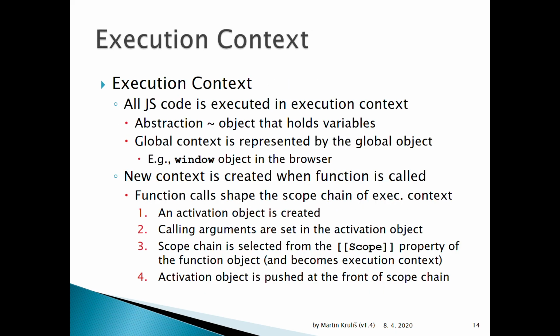So here I would like to dig a little deeper into the details of where the variables actually live. JavaScript defines something called the execution context, and this execution context is a kind of container where the variables actually are. A good abstraction is that this context is something like a hidden, invisible object which holds the variables as if they were properties.